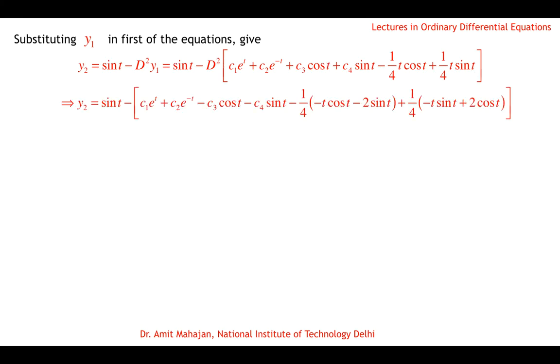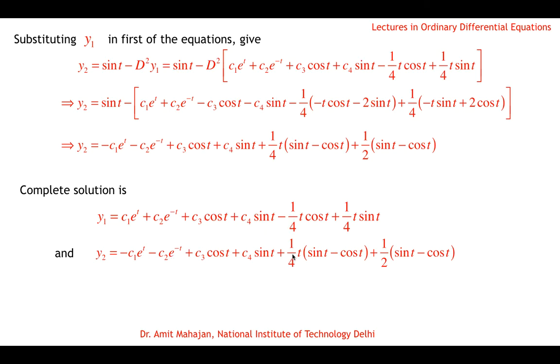You can solve this easily. On the last two terms there will be product rules. Then we can combine terms to write the y2 solution. So y1 and y2 together form the solution of the original system of differential equations.